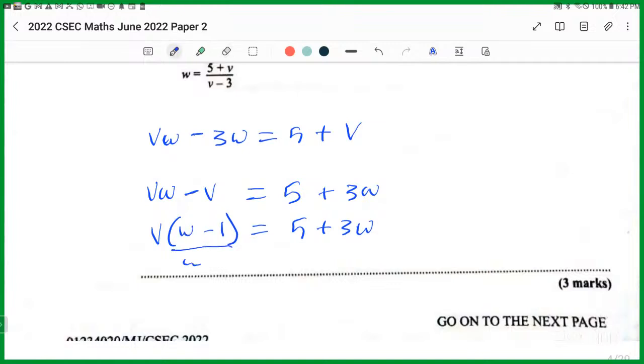Like we're dividing both sides by w minus 1, guys. The shortcut way is to say you take this multiplying w minus 1 and divide it on this side. Right, so we're going to get v equals 5 plus 3w over w minus 1. That's the answer right there.